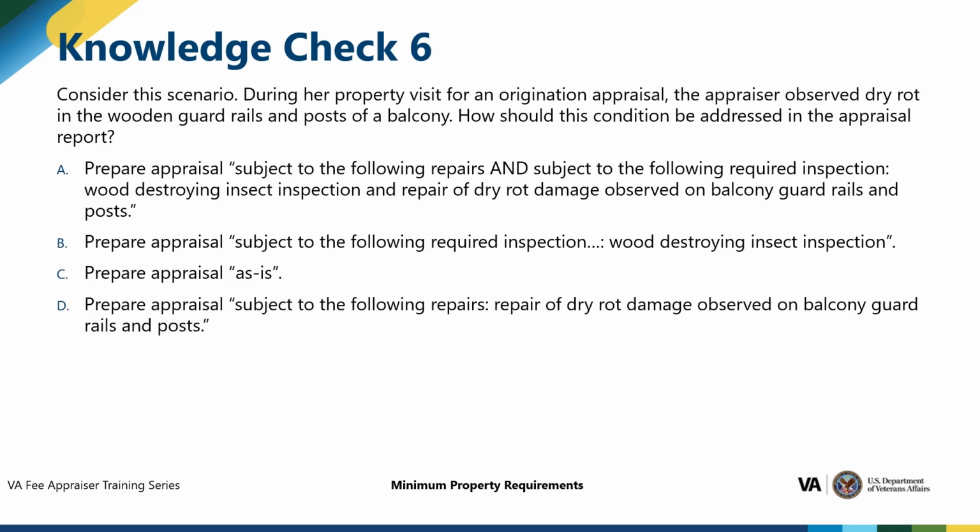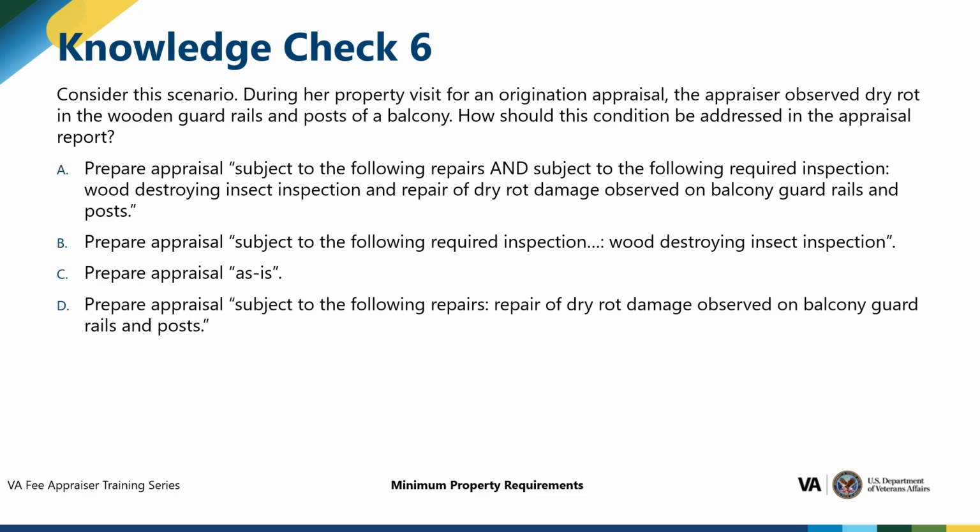Knowledge Check 6. Consider this scenario. During her property visit for an origination appraisal, the appraiser observed dry rot in the wooden guardrails and posts of a balcony. How should this condition be addressed in the appraisal report? A. Prepare appraisal, subject to the following repairs and subject to the following required inspection: wood destroying insect inspection, and repair of dry rot damage observed on balcony guardrails and posts.